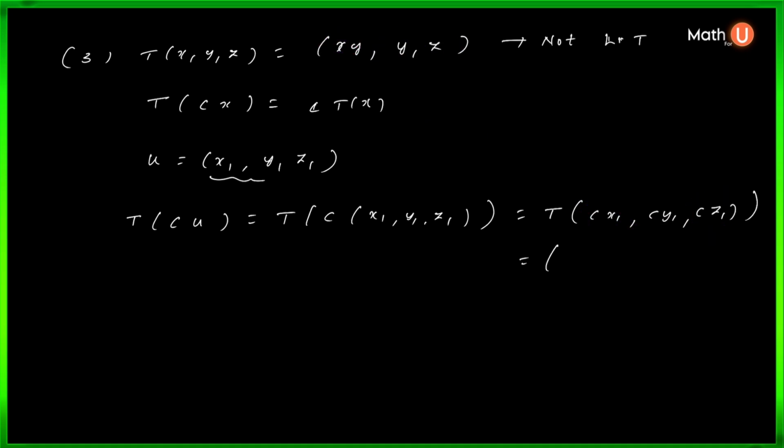What we get here is cx1 into cy1 comma cy1 comma cz1, that is equal to c square x1 y1 comma cy1 cz1. This is T of c into u. Now we check c into T of u.